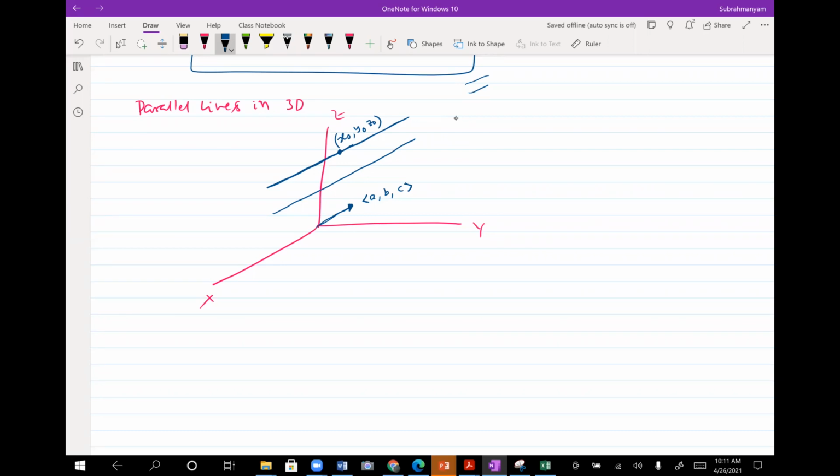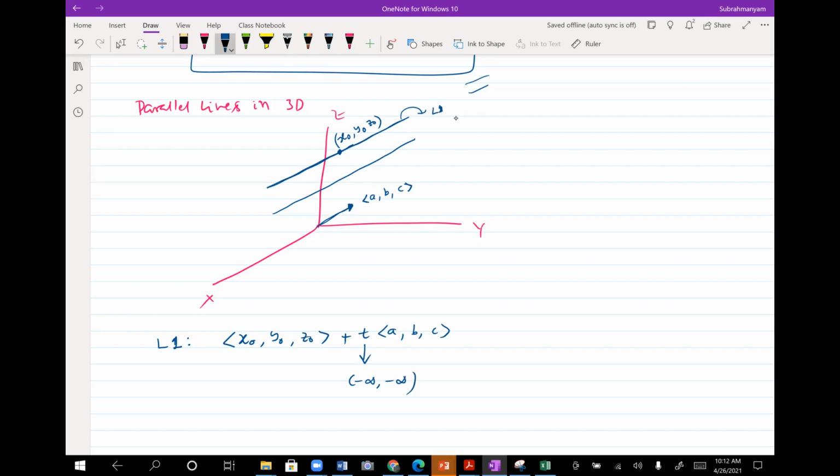So let me first write the expression. Let me call this line 1, L1. How I could represent that line is, you take the x naught, y naught, z naught vector, if you consider that point as a vector, plus t times a, b, c, and this t could vary from minus infinity to plus infinity.